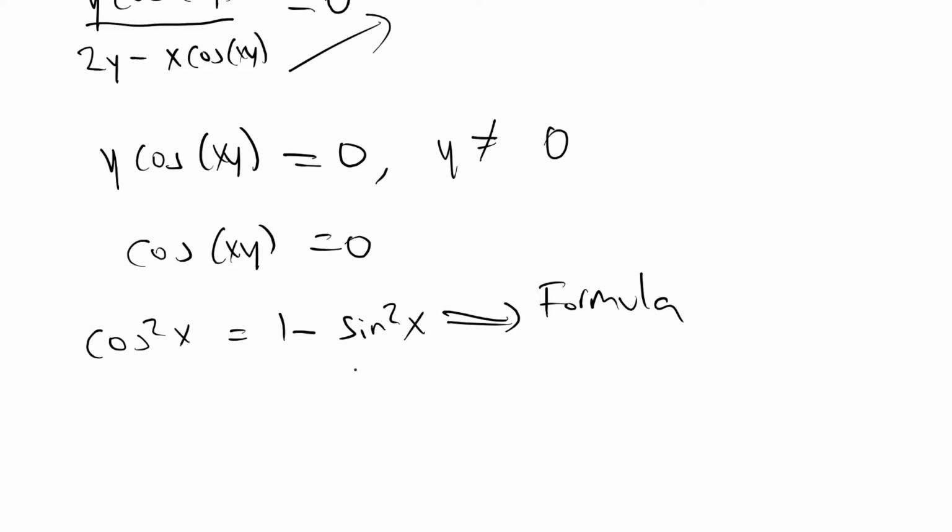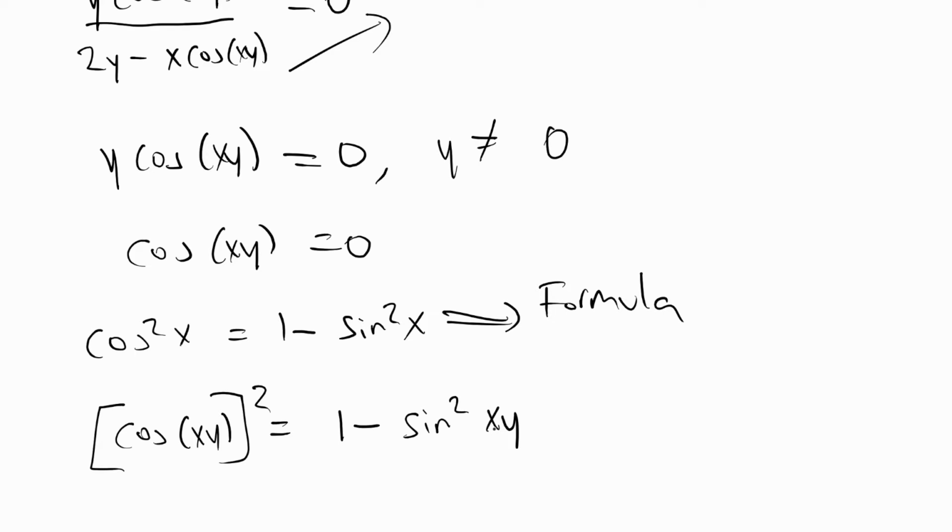Well, why not? In this case, I can say that cos of xy whole square, which I know is just 0, is equal to 1 minus sine square of xy.